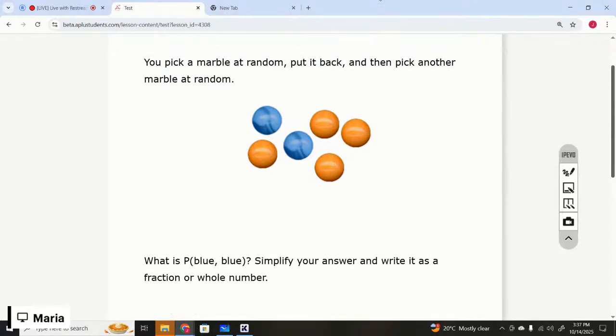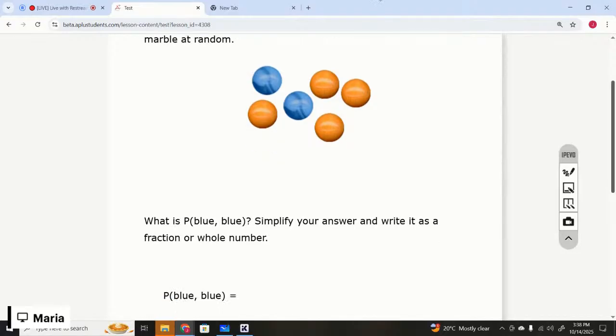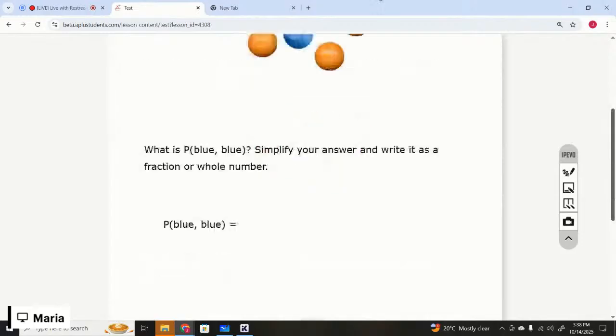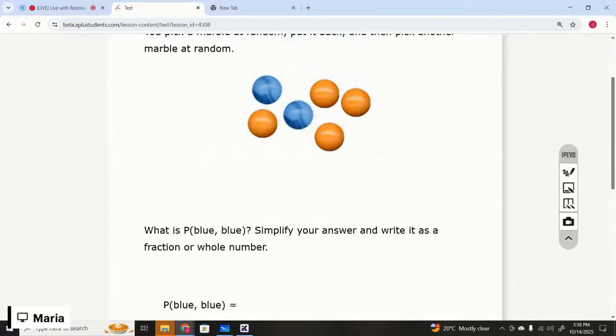Yumika picks a marble at random, puts it back, and then picks another marble at random. What is the probability of blue and blue? So you put it back.